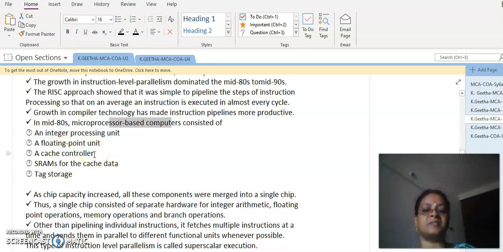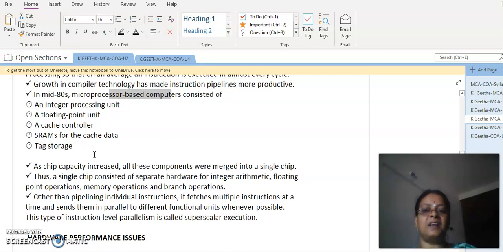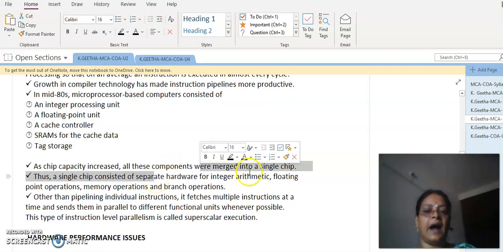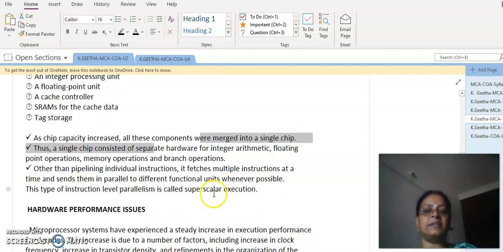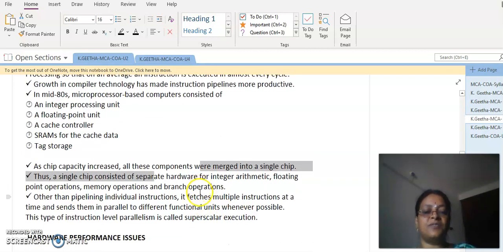As the chip capacity increased, all the components were merged into a single chip, and of course the single chip consists of separate hardware to handle integer arithmetic, floating point operations, memory operations, and pipelining branch operations. Other than pipelining, the processor can fetch multiple individual instructions.